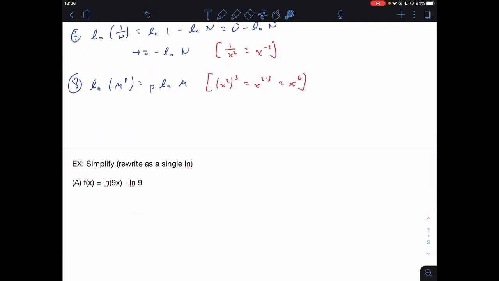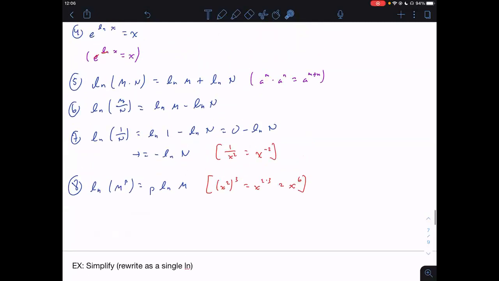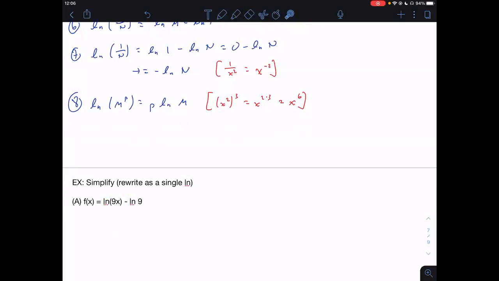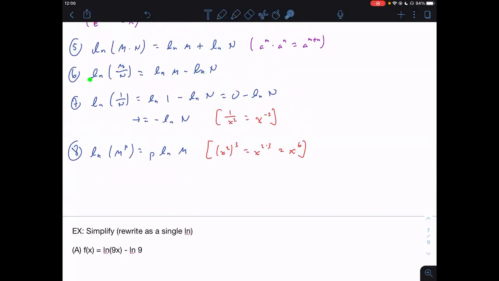Now here we have two natural log functions, two log functions of base e being subtracted. What can we do when we're subtracting logs of the same base? How can we write this as one single expression? By using property number 6 here. If we're taking the natural log of some number minus the natural log of another number, that is equivalent to the natural log of the first term divided by the second number.